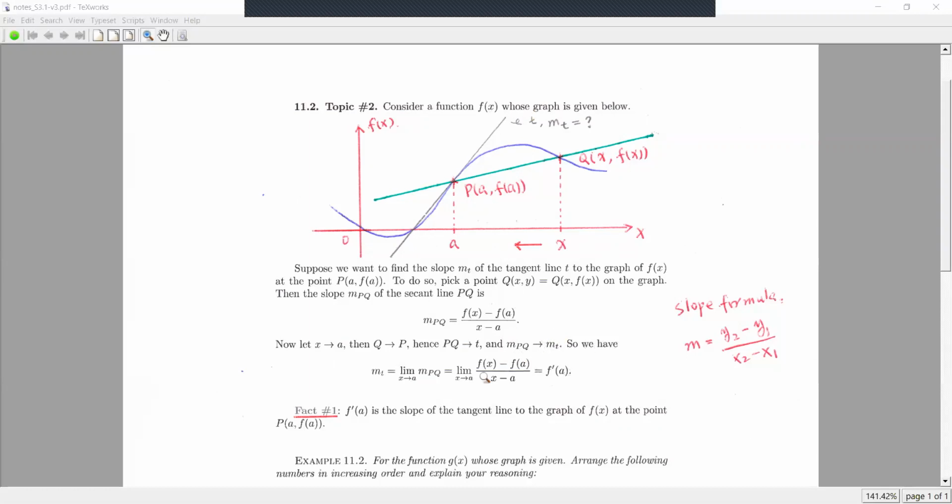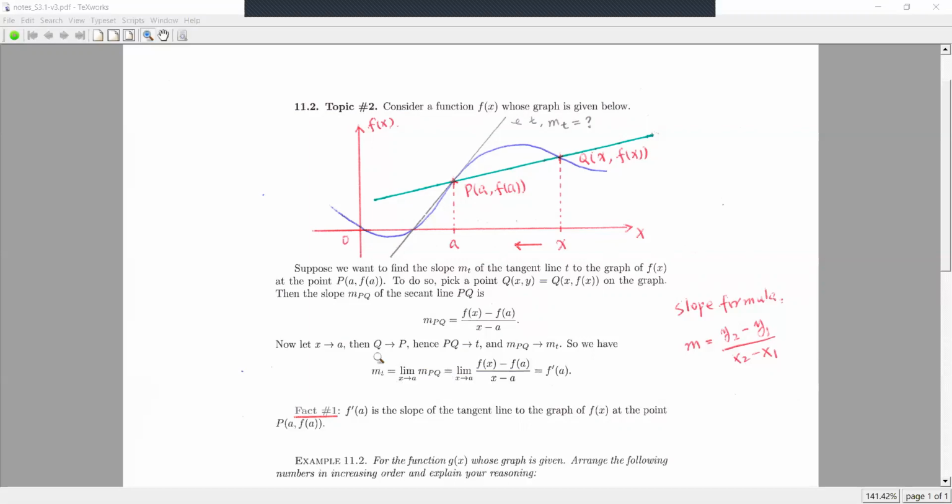So we have the slope of the tangent line is the limit of the slope of the line PQ as x approaches the point A. Now, plug in this fraction in m_PQ, then we have this equation.